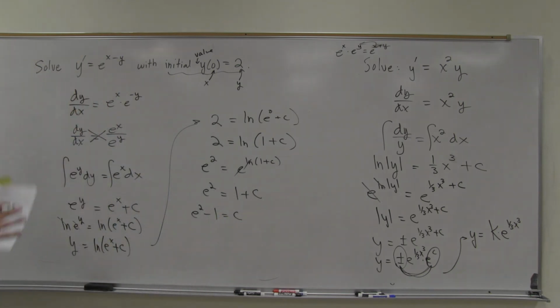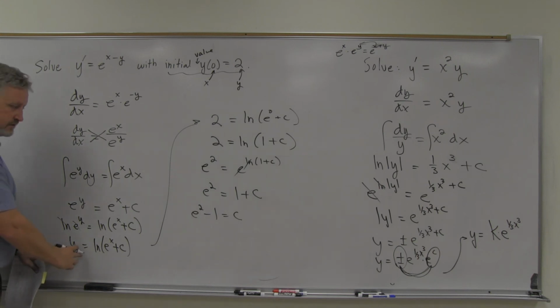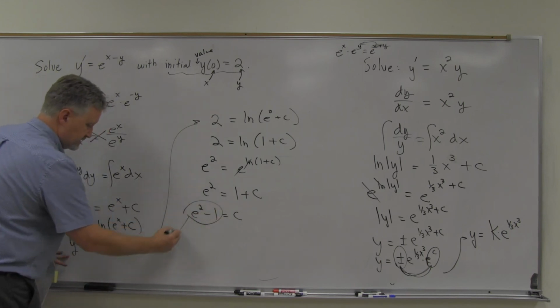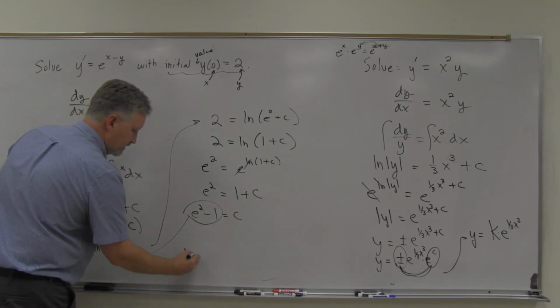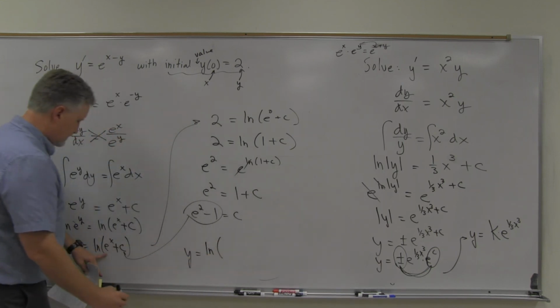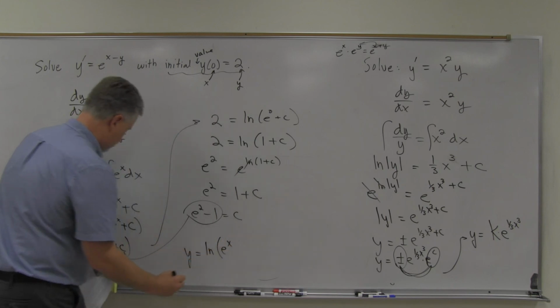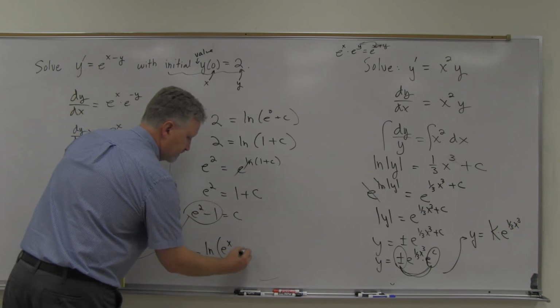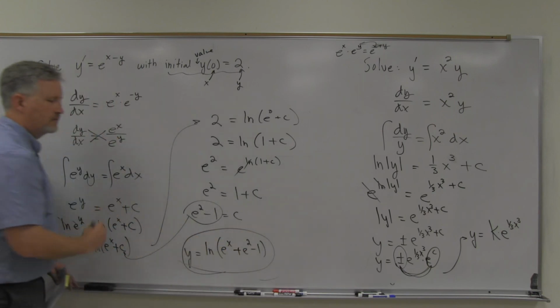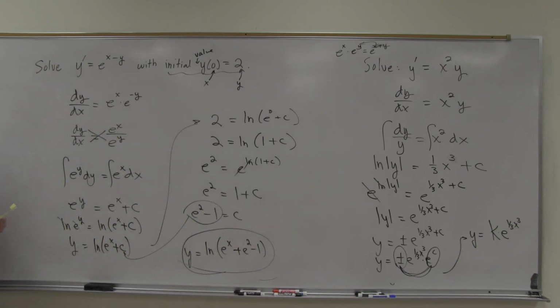So the specific, particular solution that I want is y equals ln of e to the x plus c, but now I know c is e squared minus 1. So the answer is y equals ln of e to the x plus e squared minus 1. Okay?